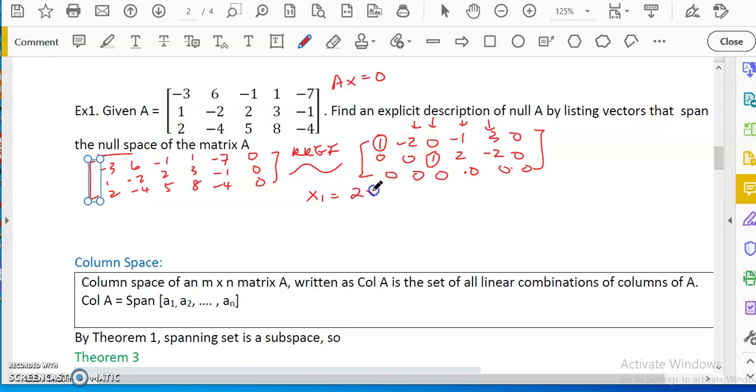X1 equals 2 X2 plus X4 minus 3 X5. X2 is free, X2 is X2. I won't be able to finish, so I'll continue it in the next section.